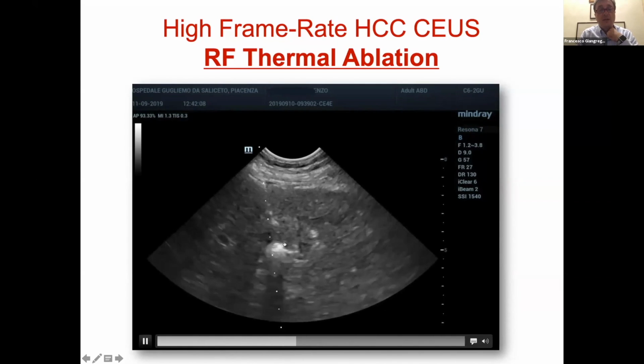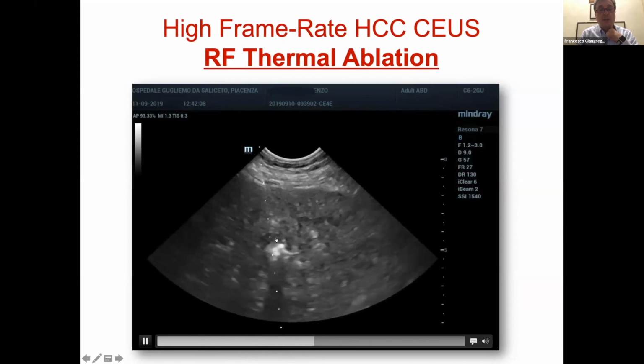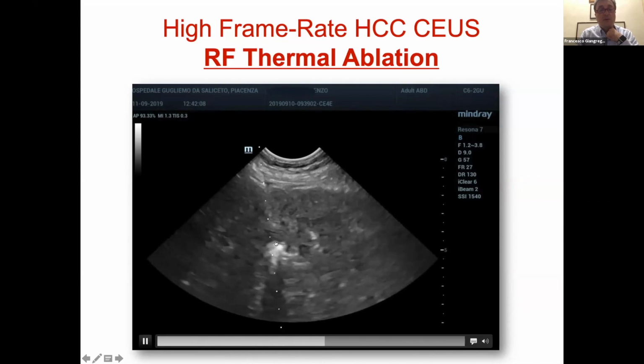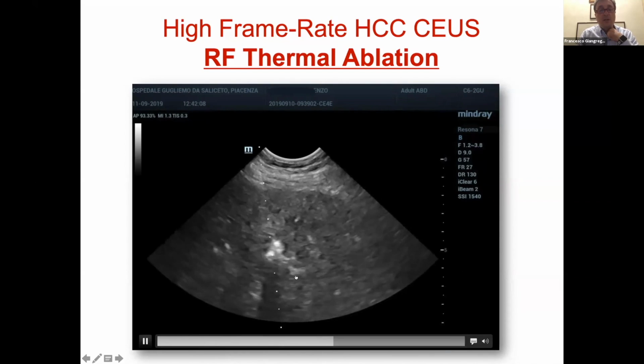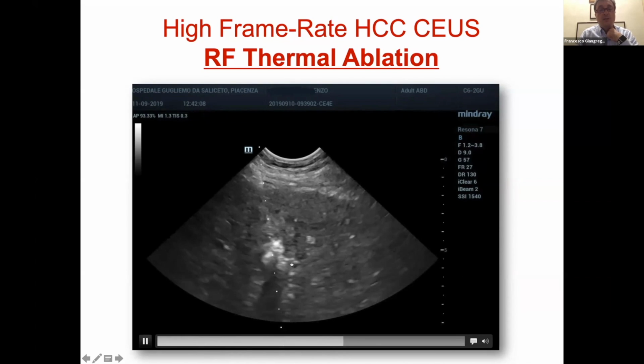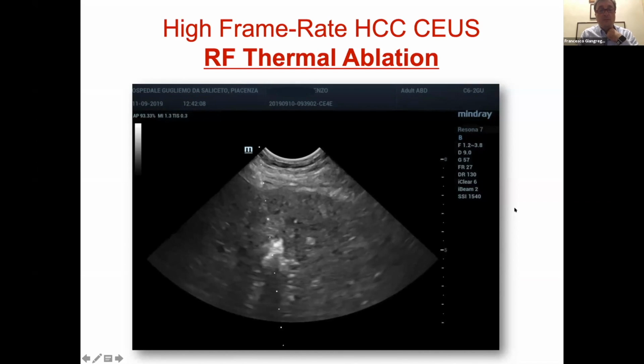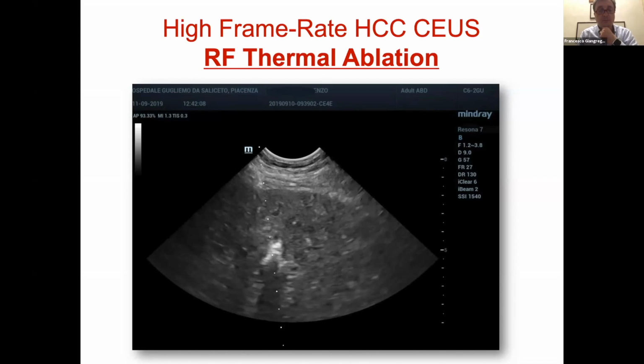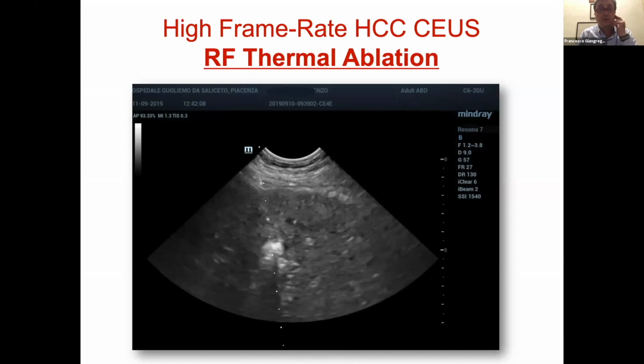These are the microbubbles, the gas obtained by the radiofrequency. But you can see that all the image is nice and very visible also during radiofrequency thermal ablation.